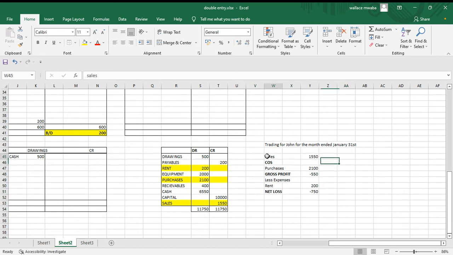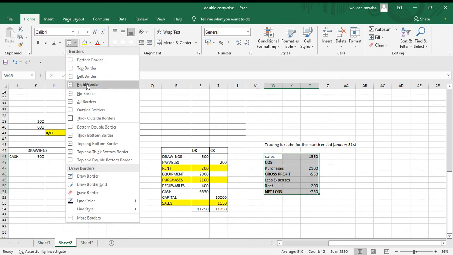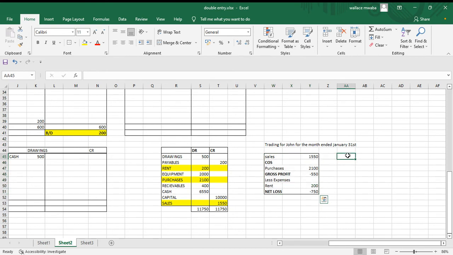And so we close it like this. Very small income statement. We did not have inventory here because we have assumed that all the inventory has been sold, so we do not have any inventory here, and the other components of the trading account or the statement of profit or loss.